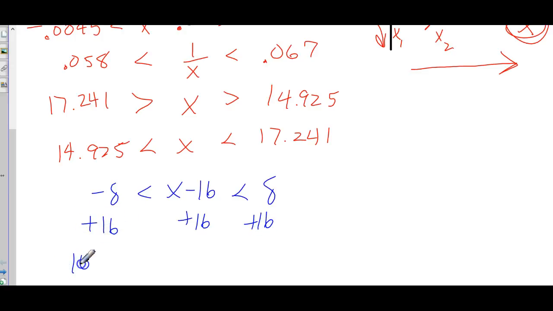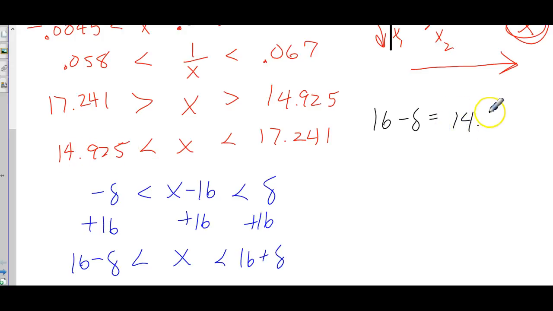I end up with 16 minus delta is less than x is less than 16 plus delta. So I get the two equations: 16 minus delta equals this lower number, 14.925, and 16 plus delta equals 17.241.